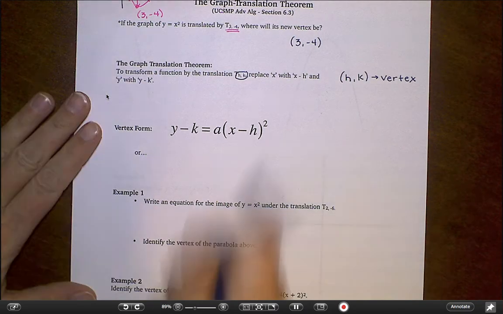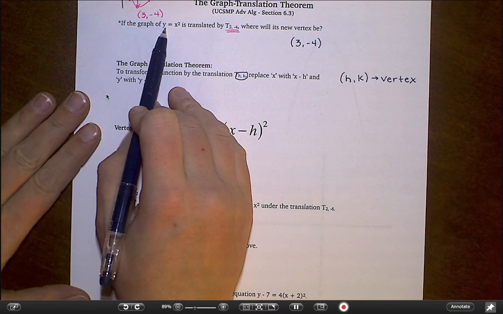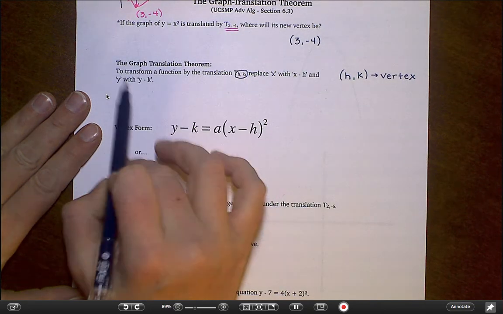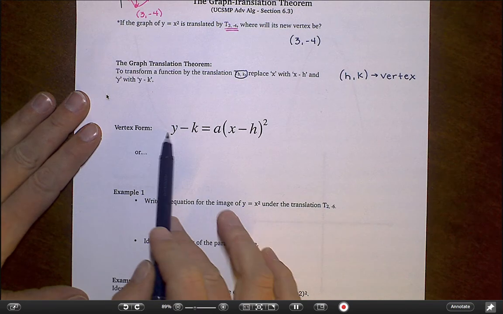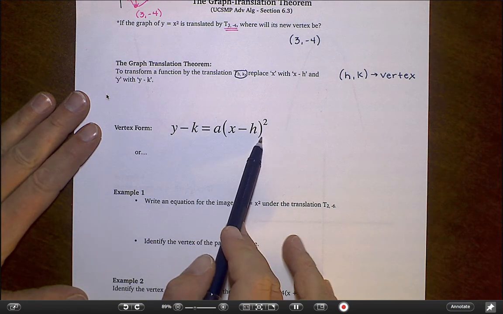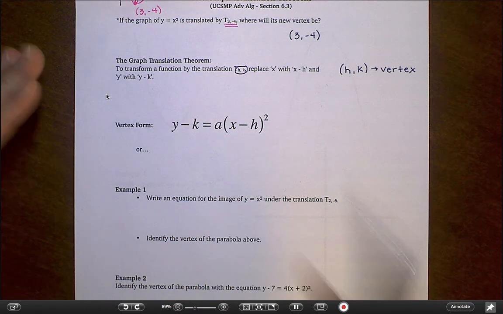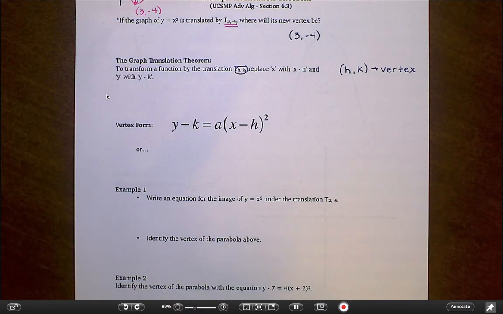Okay, so what that leads to is if I take this y equals x squared, and I take the x out and replace it with an x minus h, and I take the y out and replace it with a y minus k, I get this equation that looks like this. Now, the only other thing I threw in here is this a value. We're actually not going to talk about a much on this first page. We'll talk about a more on the second page, what that a value does.